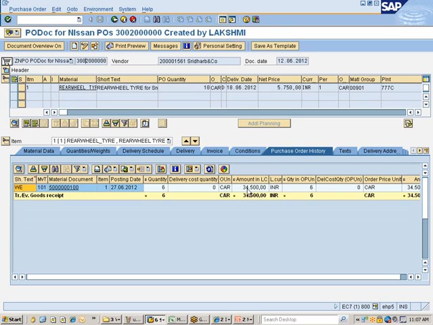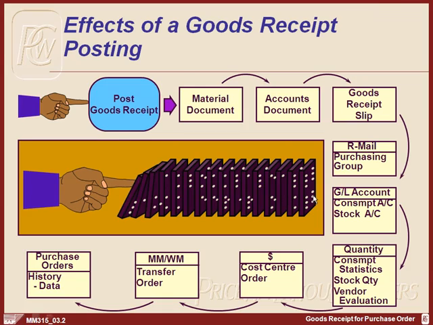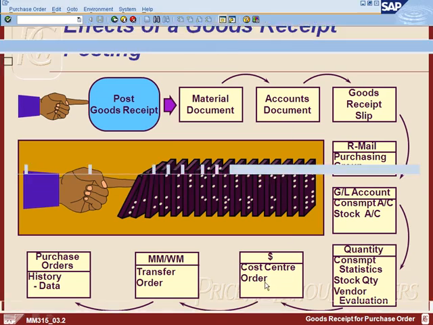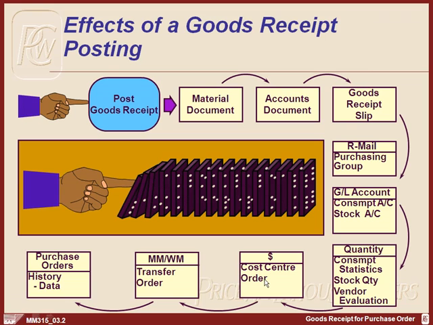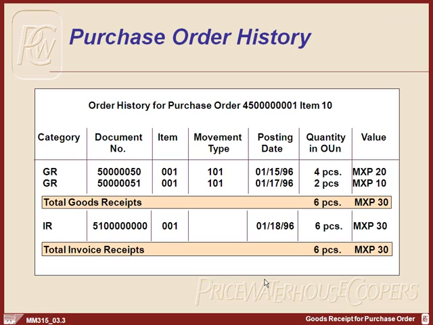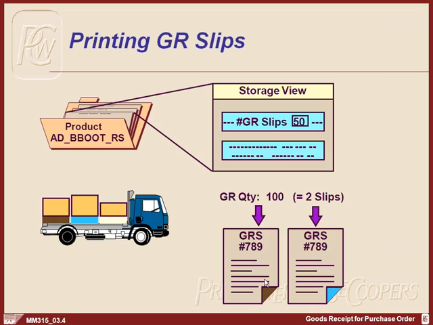You have received a quantity of material of this much. The quantity that you have received is 6 cartons of material. Clear? So this is what we call goods receipts, or the effects of goods receipt. Purchase order history, you have seen, this is how it gets updated.